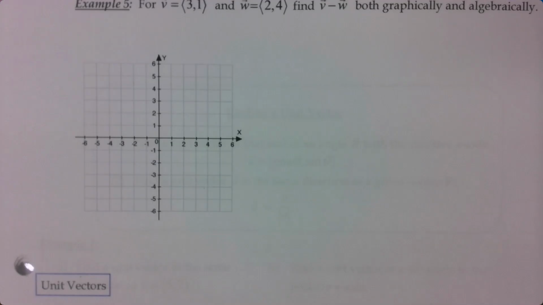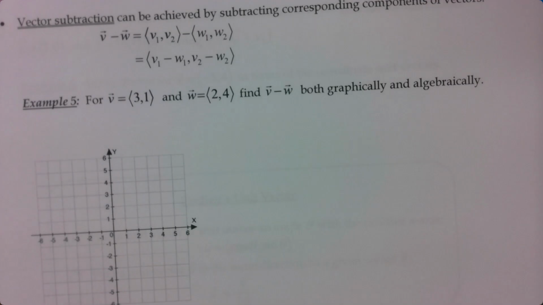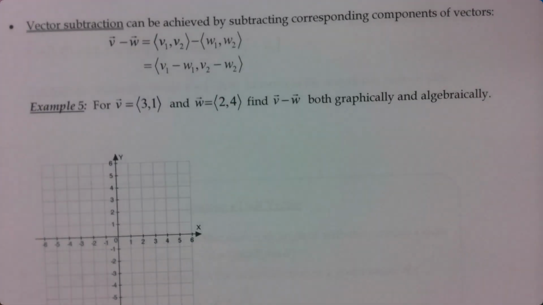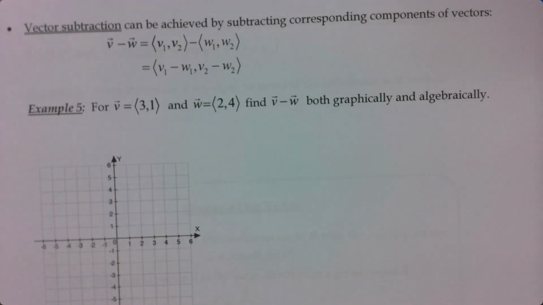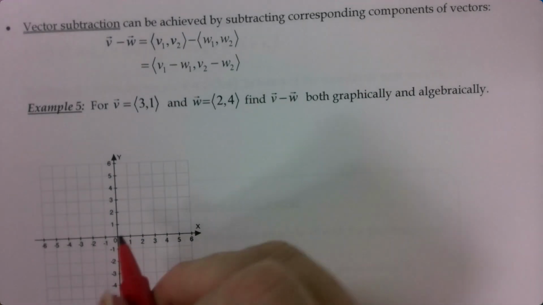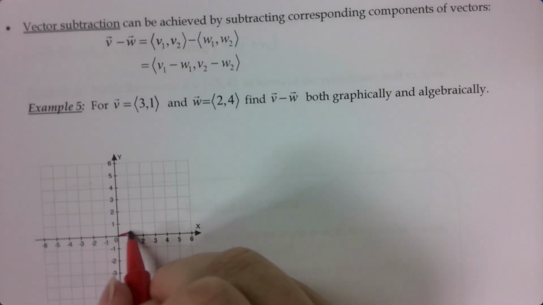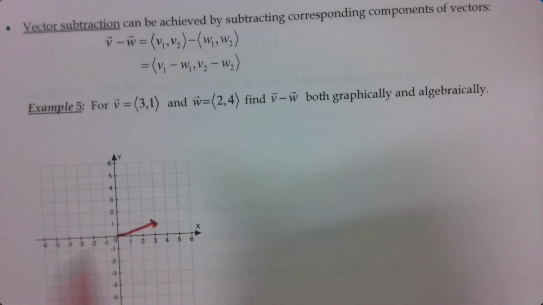And I want to do subtraction before I end this video because they're connected, right? The addition and subtraction, you can imagine. Okay, so with v, it's still 3, 1. So you still start at 3, 1, like that. But w, you want to subtract it.